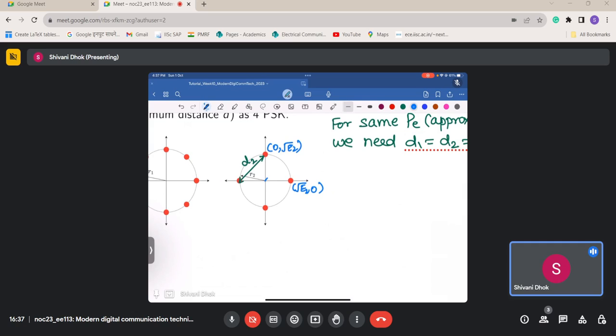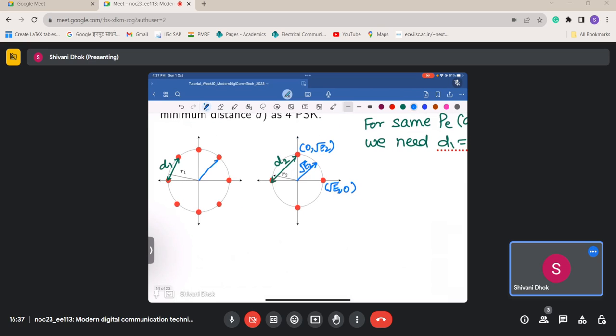So basically the radius for this PSK constellation is given by under root of the energy of this PSK constellation. Similarly, this will be energy E1 of this PSK constellation. Why is it so?